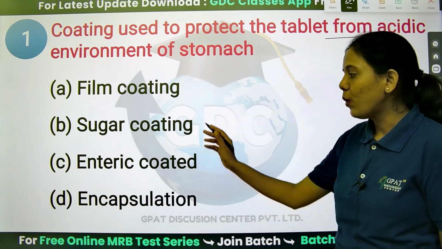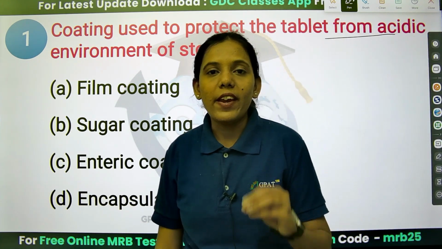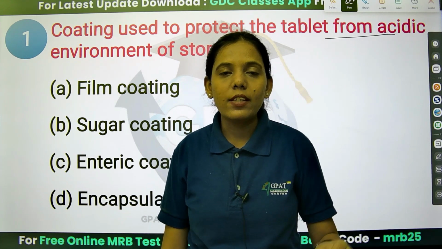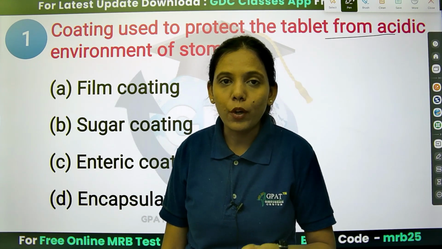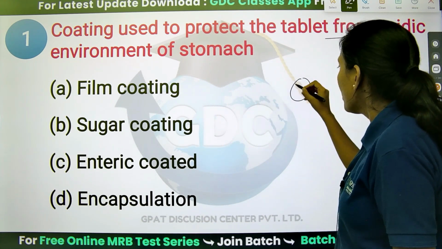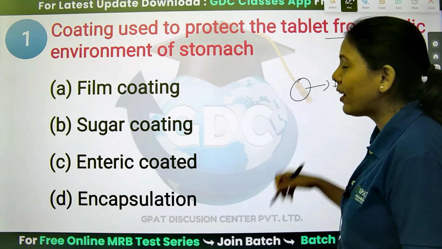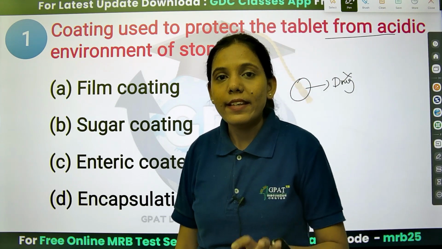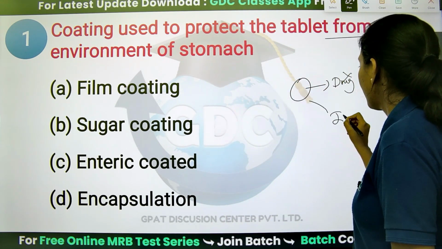Film coating, sugar coating, enteric coated or encapsulation. Okay. First of all, whenever a drug is having certain degradation properties in the stomach, we try to protect it so that the drug will not release in the stomach. Instead of that, it will release its content in the intestine.